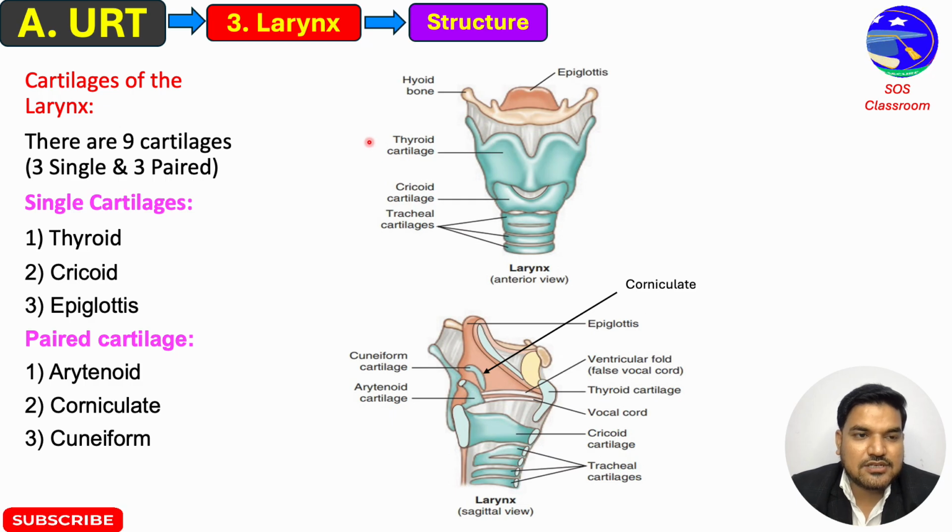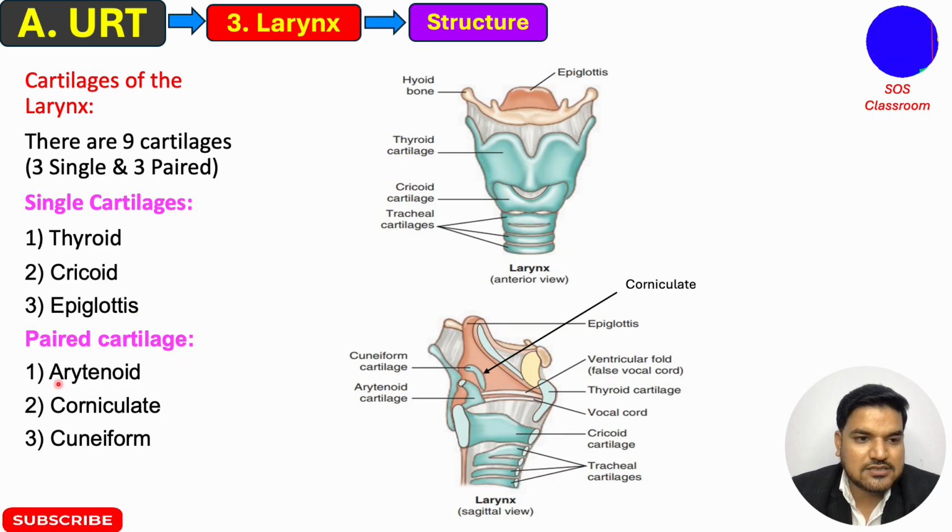Next, the structure of the larynx. The larynx is made of nine cartilages, where 3 cartilages are single and 3 cartilages are paired. First, the single cartilages are the thyroid cartilage, cricoid cartilage, and epiglottis cartilage.